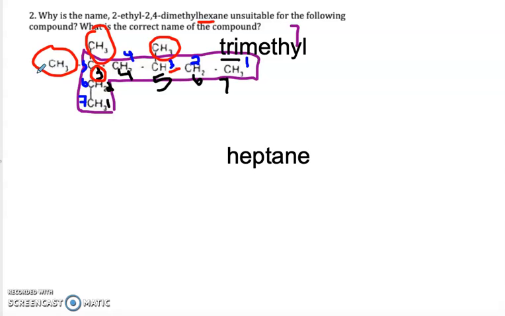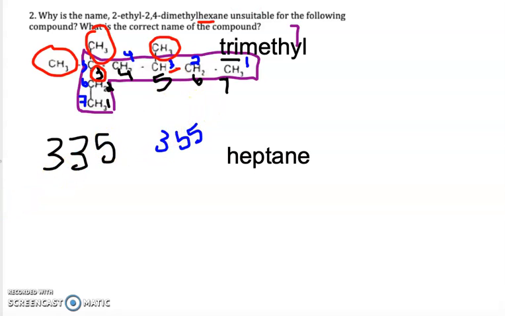Because everything is a methyl, we have to look at what the numbers are. If we use the black set of numbers, we're going to have a 3, another 3, and a 5. If we use the blue numbers, we have a 3 and a 5, so overall we're looking for the smallest set of numbers.